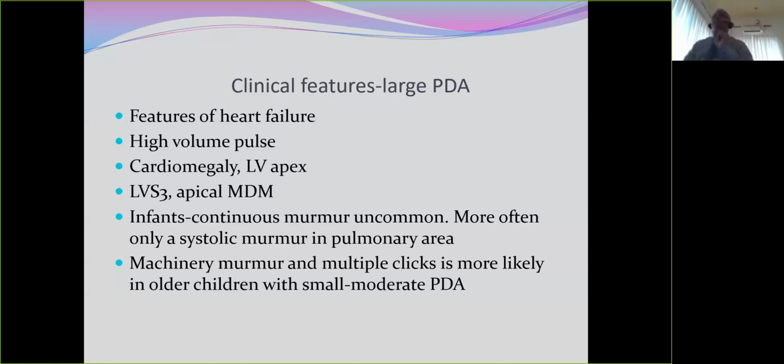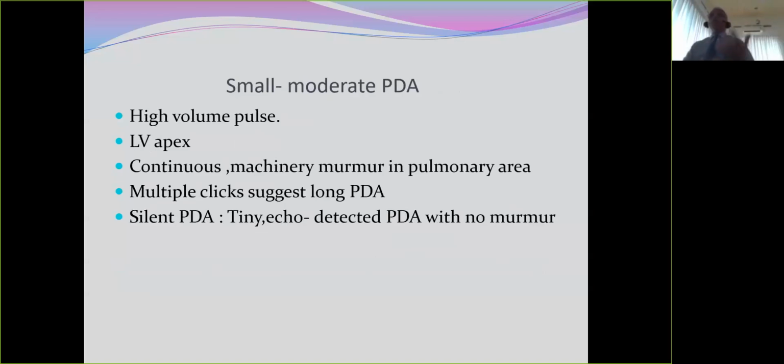The machinery murmur and the multiple clicks that we speak about, I'm coming to that shortly, that is more likely in the older child with a small or moderate PDA. So a small or moderate PDA will also have some increase in the volume of the pulse. Apex is likely to be left ventricular, and you are likely to get the continuous murmur in the pulmonary area, which could be machinery.